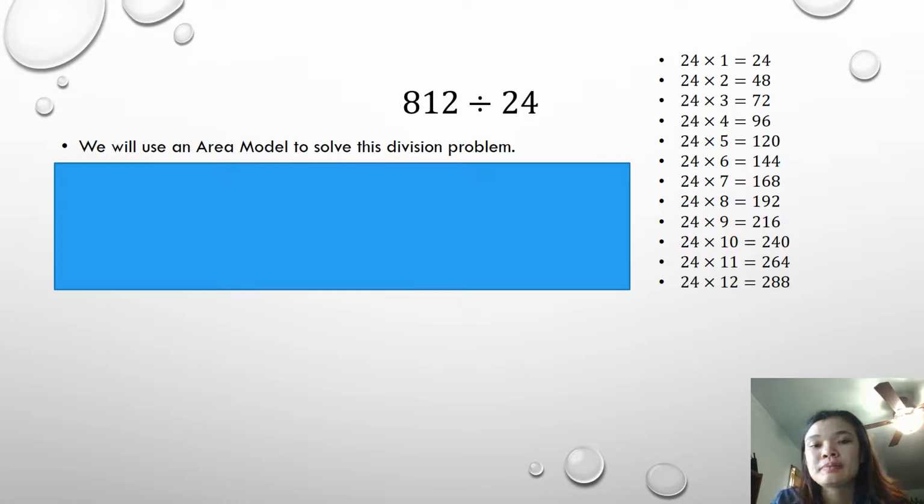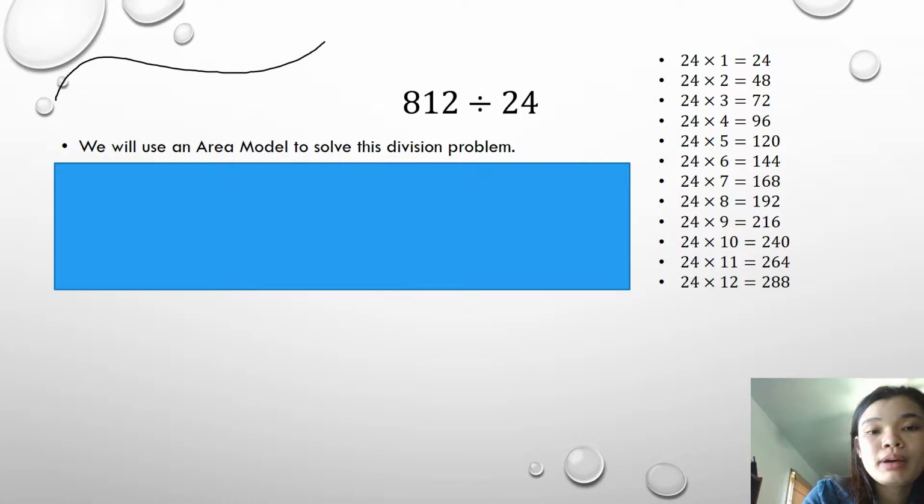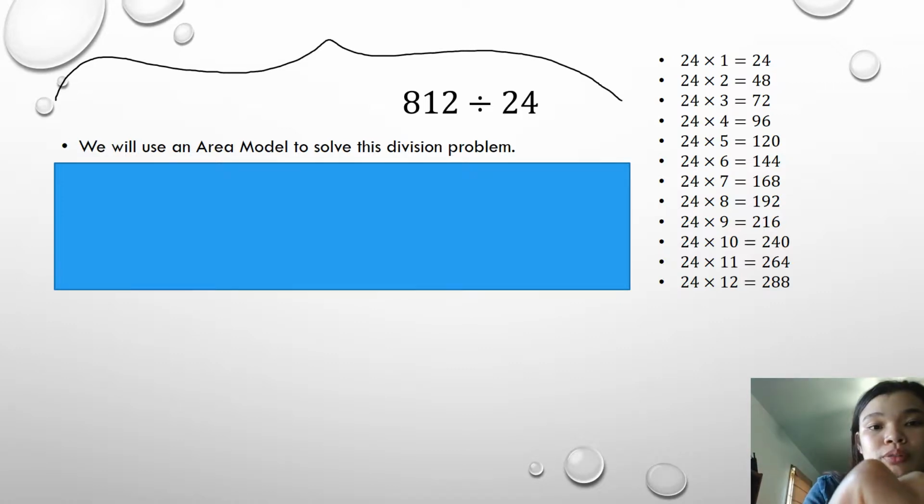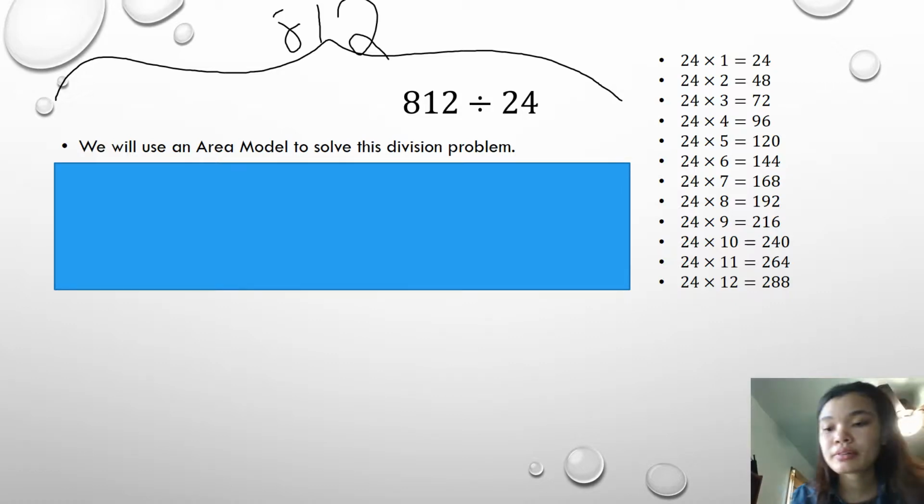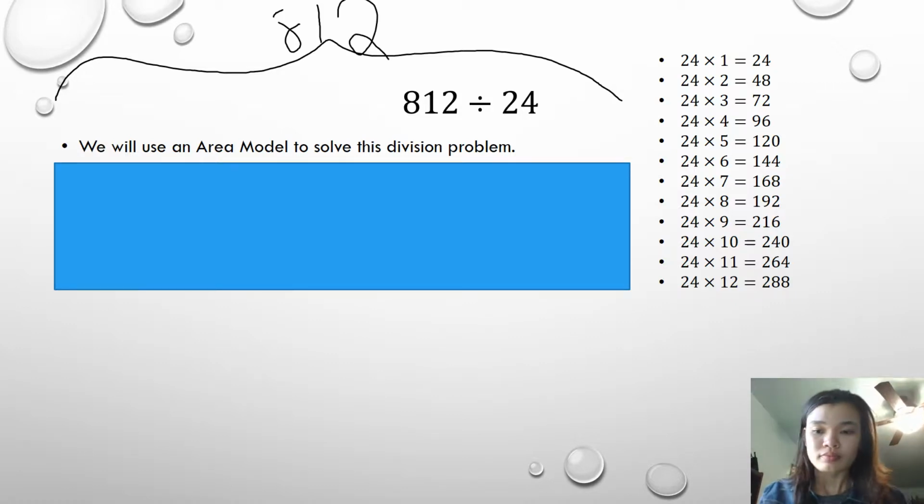All right, so what we're going to do first is make sure we remember that this entire area model should represent 812. That entire rectangle represents 812.